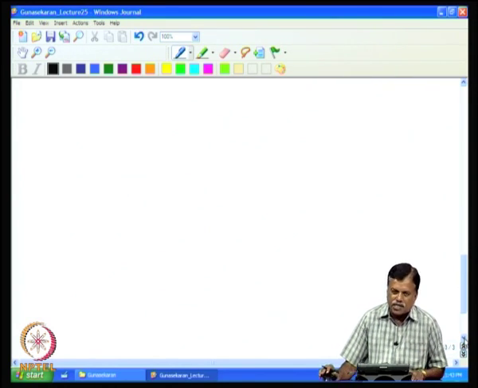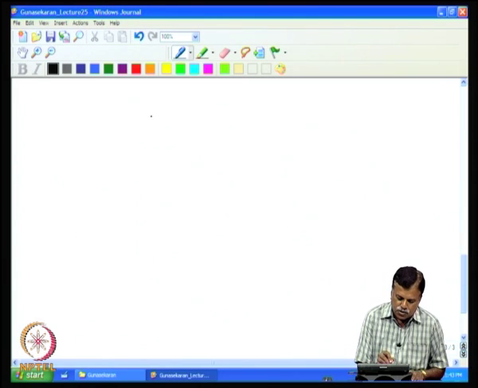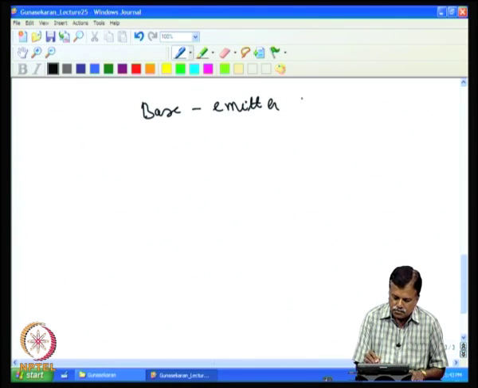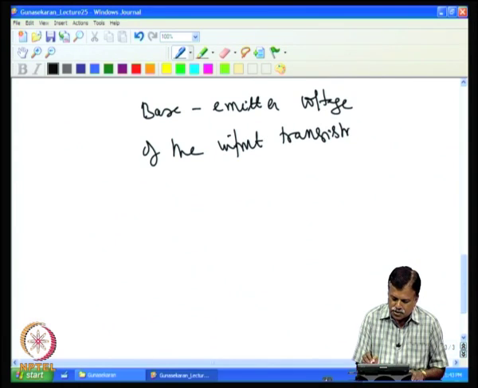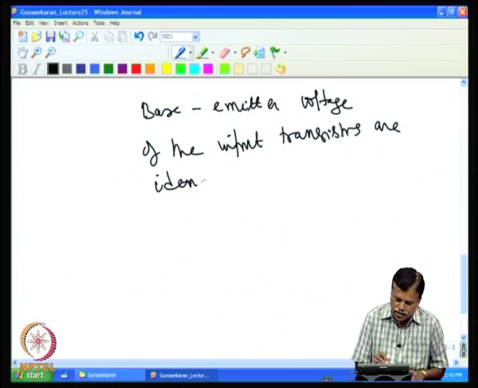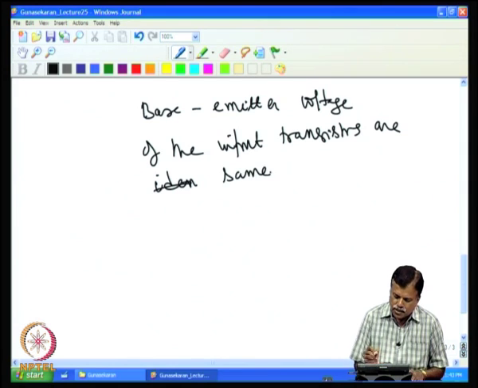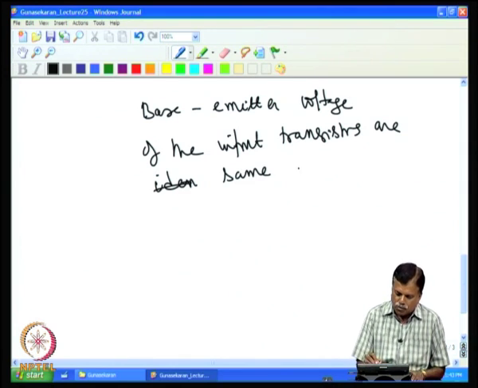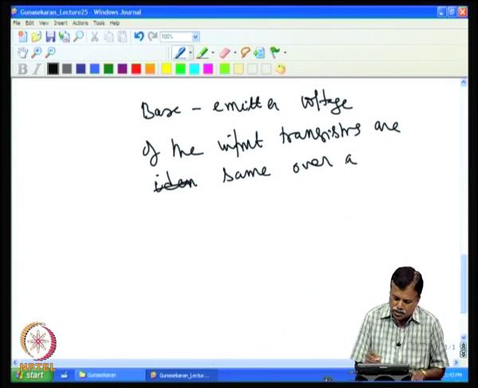That is one of the basic assumptions made in the operational amplifier design: the base emitter voltages of the input transistors are identical over the working temperature range.